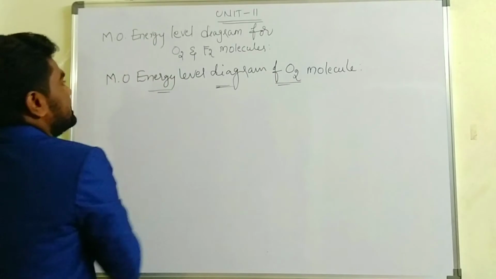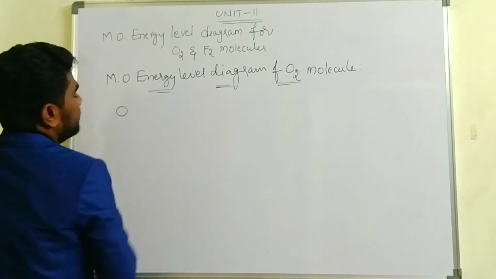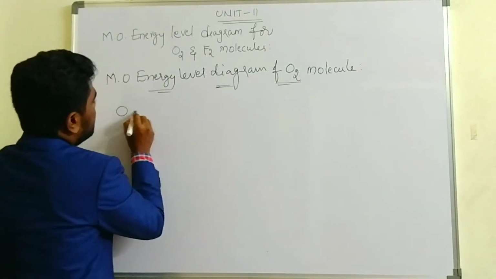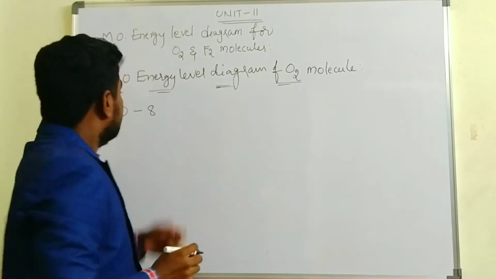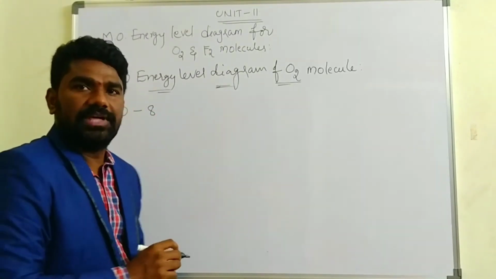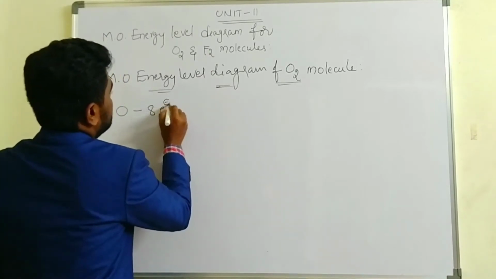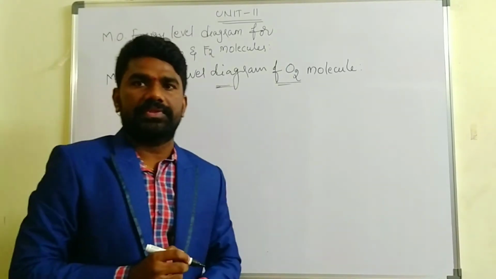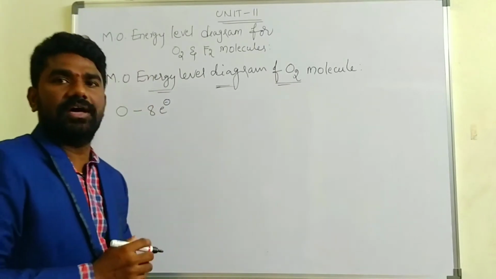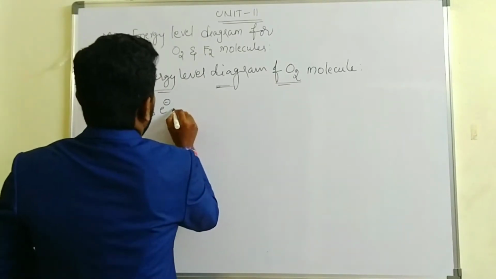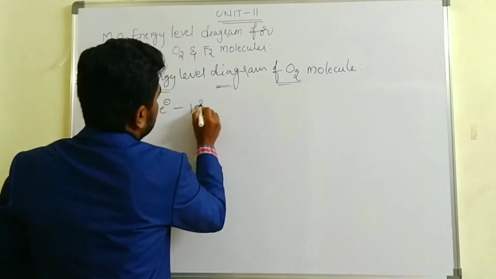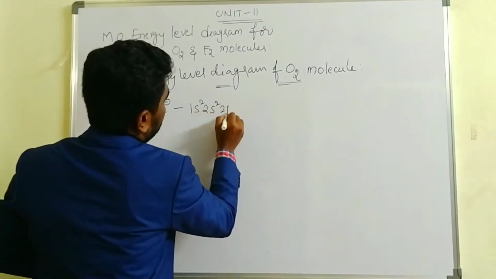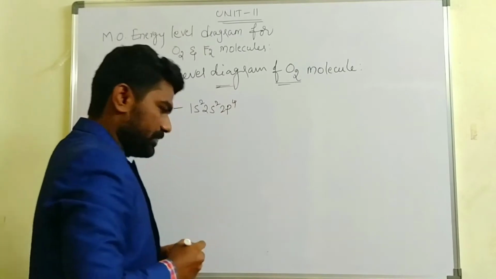So first, what is the atomic number of the oxygen atom? The atomic number of the oxygen atom is 8, isn't it? So in the oxygen atom we have 8 electrons. The electronic configuration of the oxygen atom is 1s2, 2s2, 2p4.